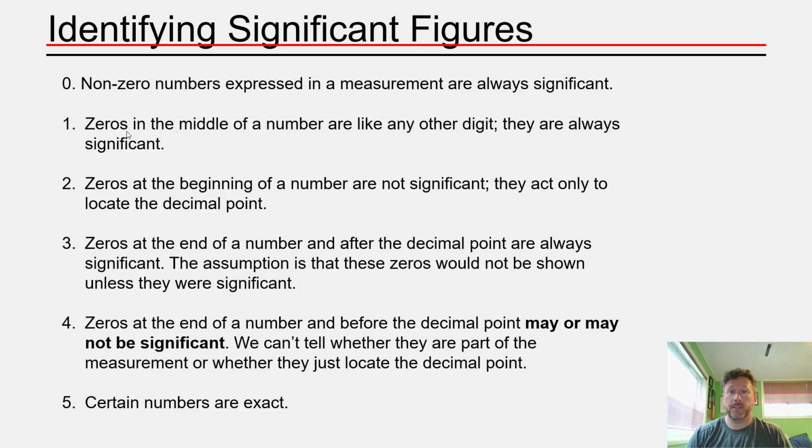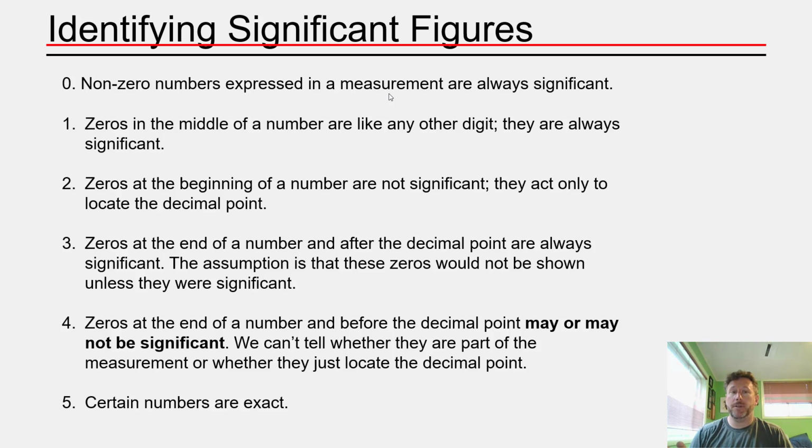And as a reminder, the first rule in this process is that any number that's reported in a measurement, any digit that's not a zero, is a significant number. So if you're trying to decide how many significant figures there are in a measurement, you're only really trying to decide whether the zeros in the number are significant or not significant, because any non-zero number reported is significant.